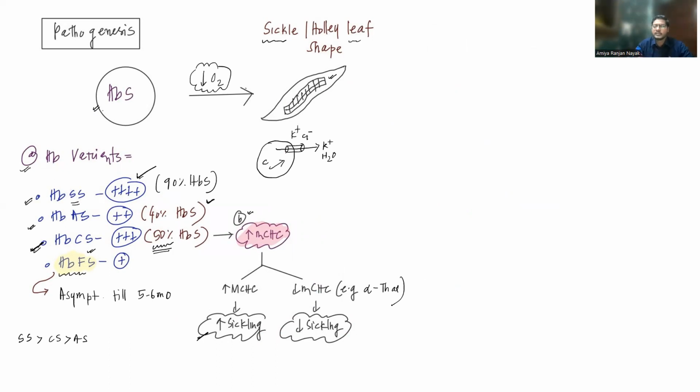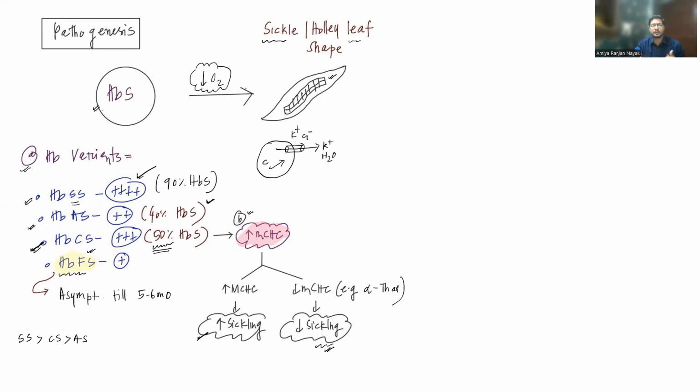If alpha globin is not produced, the amount of hemoglobin produced will be reduced, because alpha is definitely needed for all kinds of hemoglobins. So the intracellular concentration of hemoglobin will be reduced. So if these patients have concomitant alpha thalassemia, the severity of sickling will be reduced. I hope this is clear.